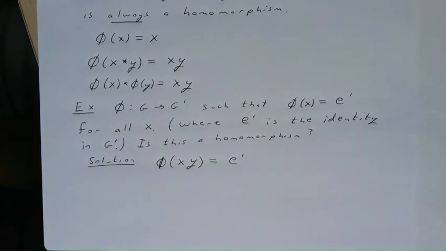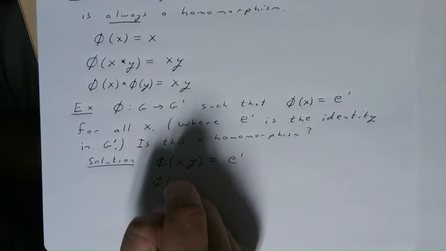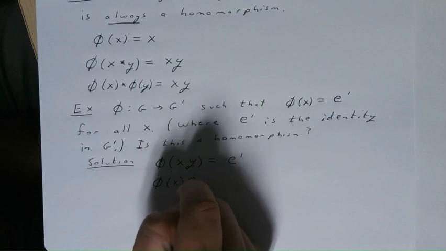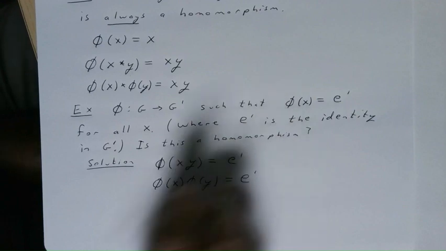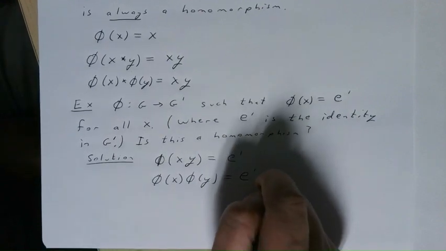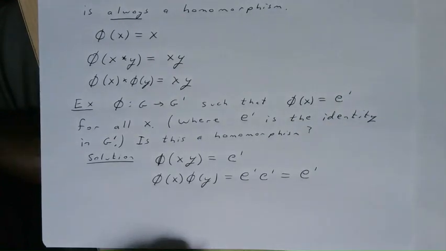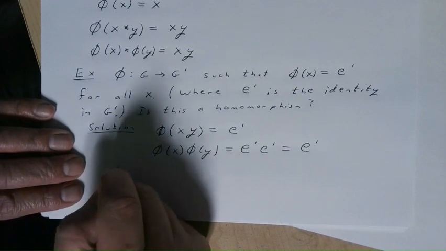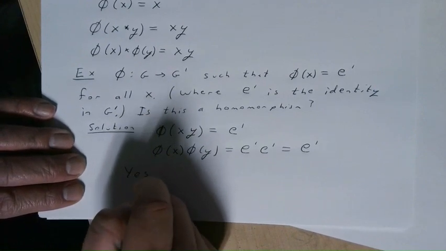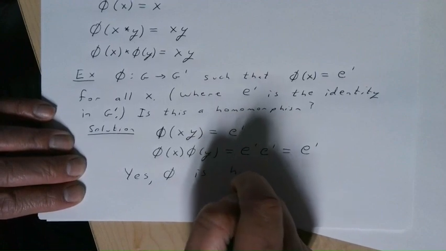And then if you do phi of x, phi of y, it is the identity times the identity, which is of course just going to be the identity. So the answer is yes. Phi is a homomorphism.